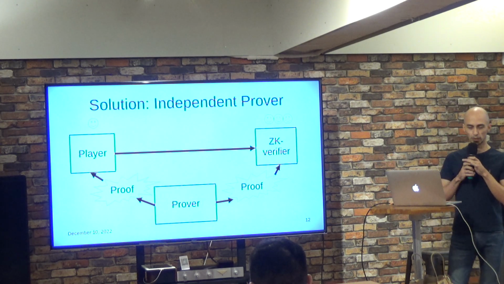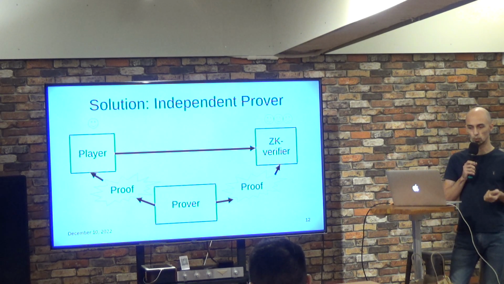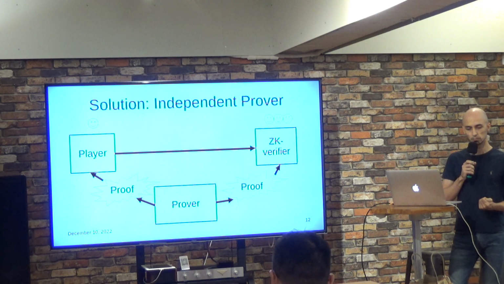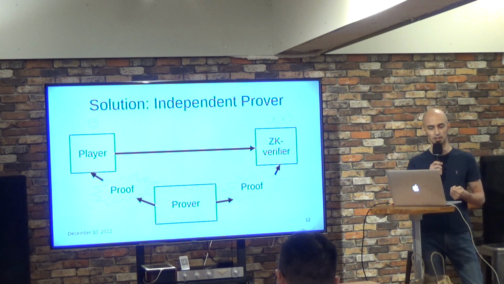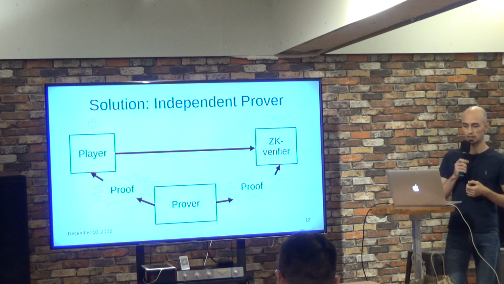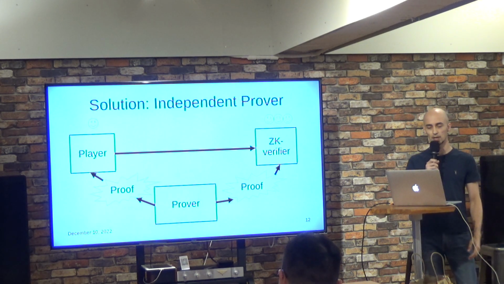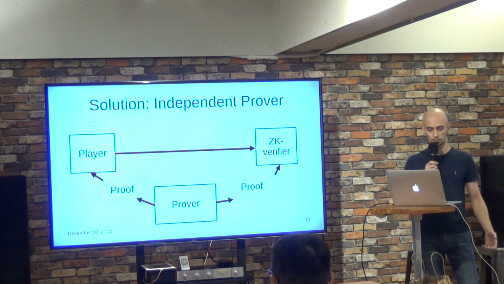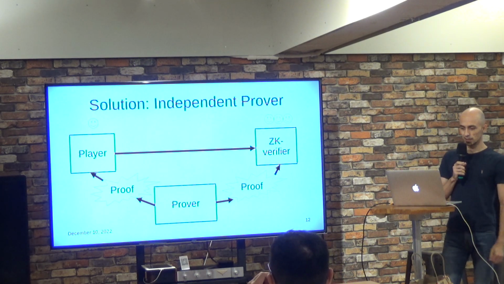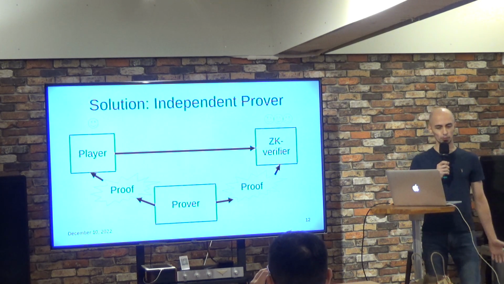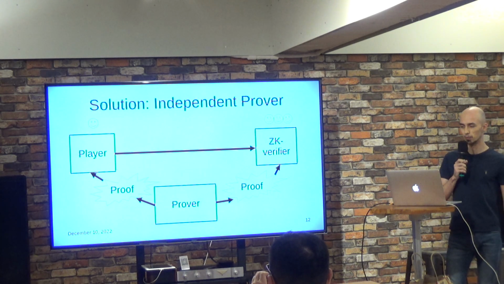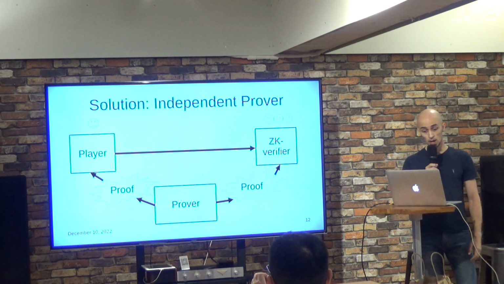So the player themselves will have to ask the independent prover to give them the clue for their guess, and then a similar process will be used to verify the end results of the game. So we kind of solved the problem with the player cheating, but now we have another problem.